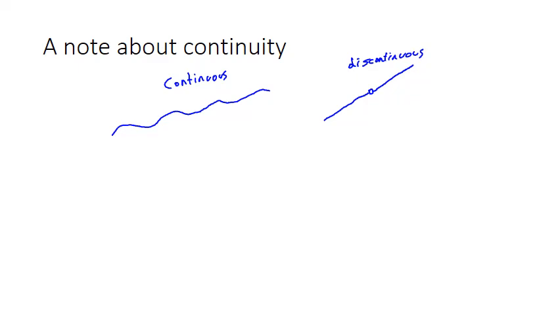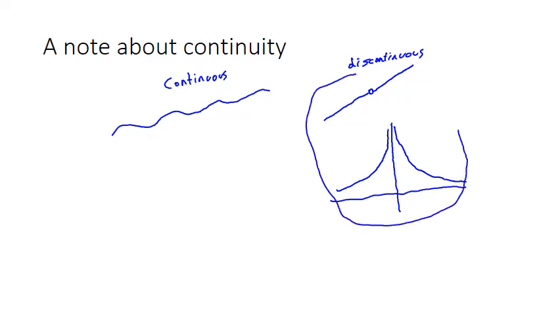Another example of something that is discontinuous is, so suppose that we have a curve that continues, but it is never going to cross this line here. And then we jump over to the other side, and now this is what the curve is doing. So this is an example of something that is discontinuous. So both of these are discontinuities, but they have different names.